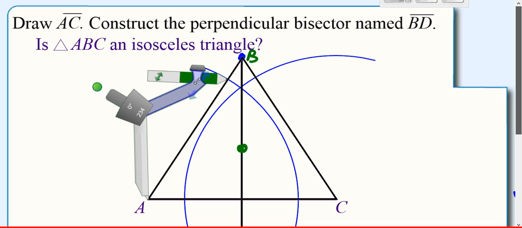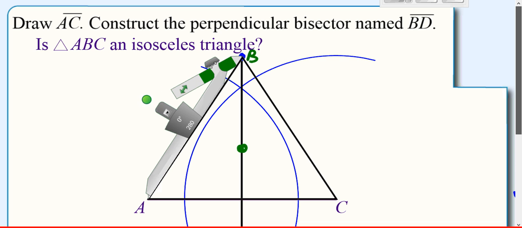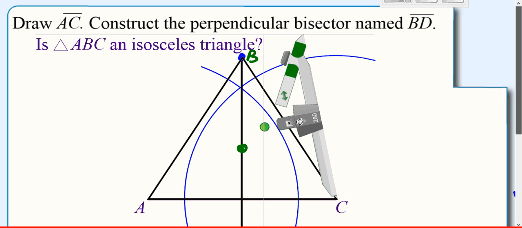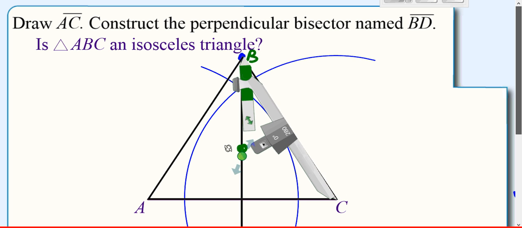So stretch it out with your compass. Oh, that's exactly as far as I can stretch. That's how long AB is. Is BC the exact same? So mark it over, check it out. Yep.